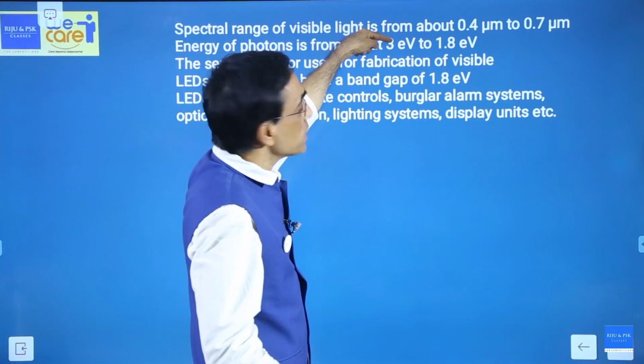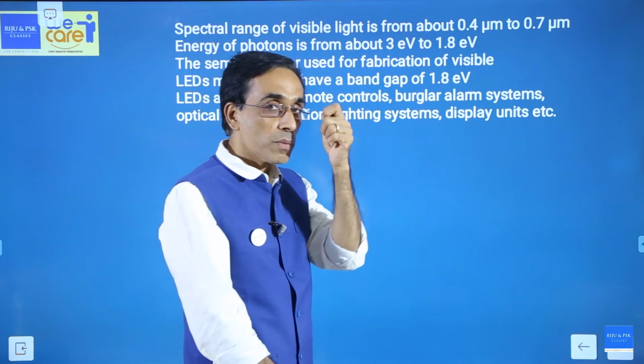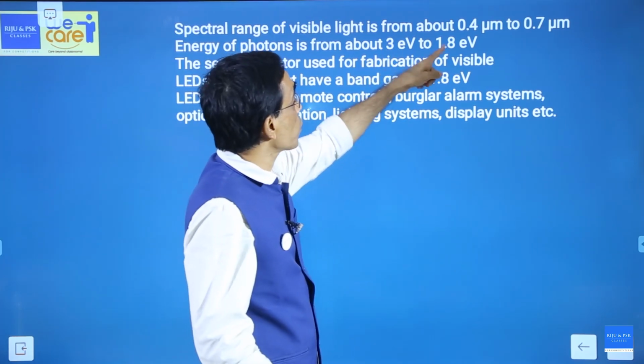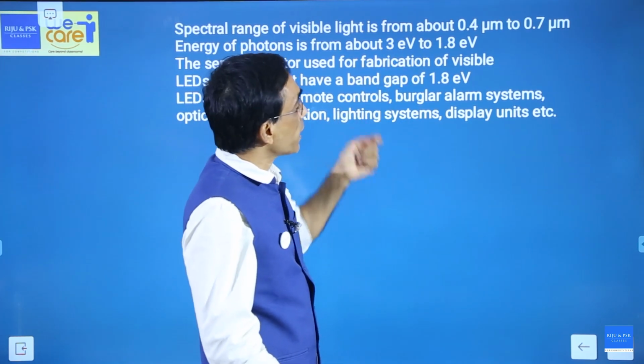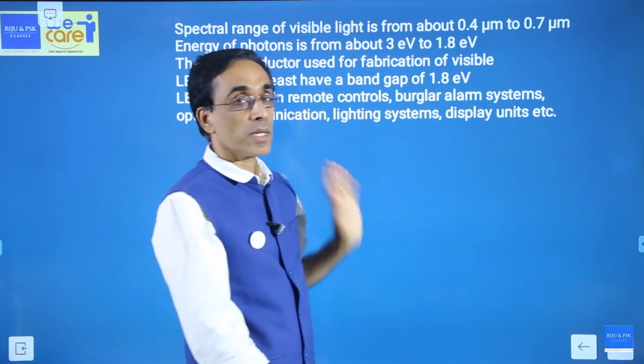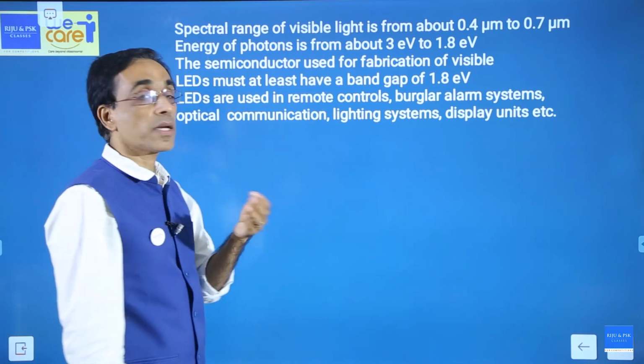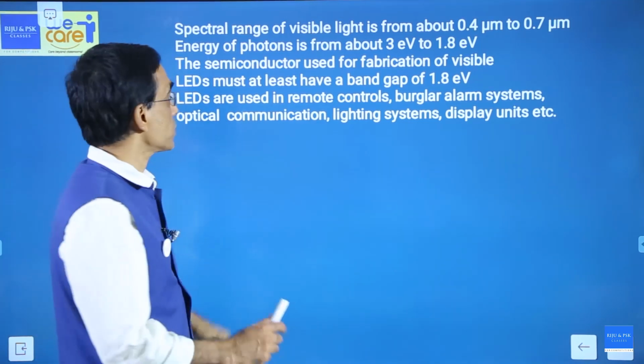Violet light means energy is 3 electron volt, red light means 1.8 electron volt. So if you want to produce visible light, the energy of the photon must be in that range and the energy gap must also be in that range. So the minimum energy gap is 1.8. Can silicon produce visible light? Answer: no, because the energy gap of silicon is around 1 electron volt.